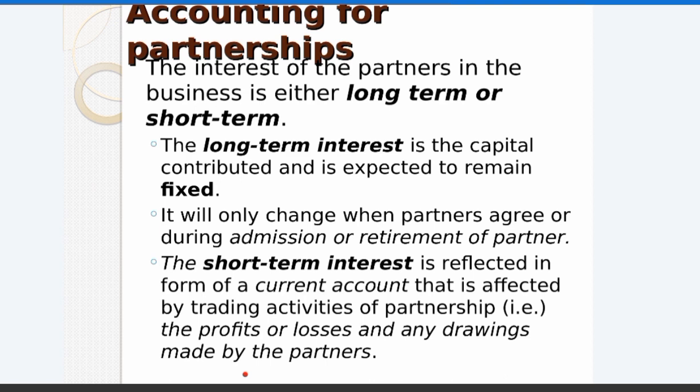If the partners make drawings, that again will affect their current account. But remember, for the capital account, that is the long-term interest, you expect that the capital that has been decided upon to be contributed will remain fixed unless admission or retirement of a partner happens.